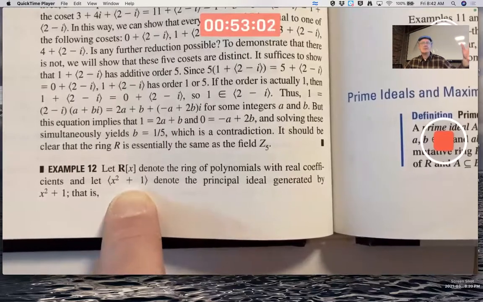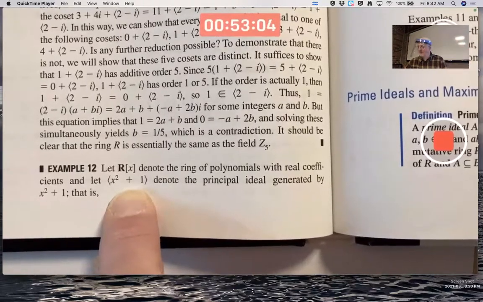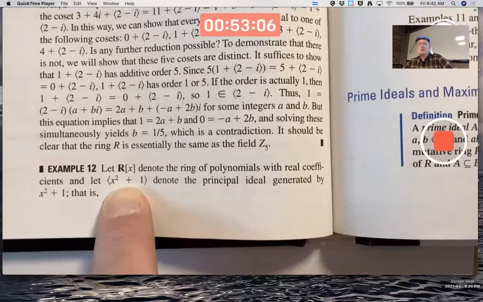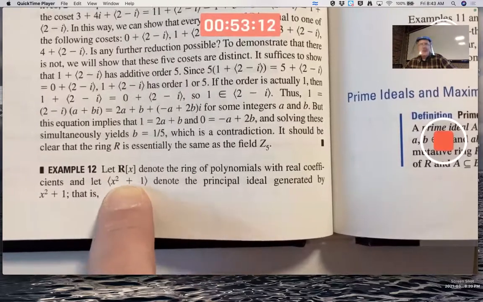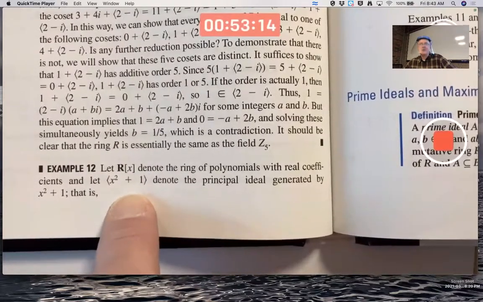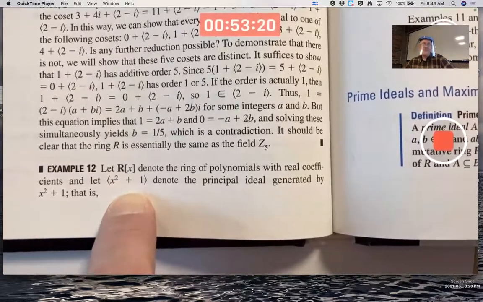Here they definitely would not be the same. If you were thinking of this as the cyclic subgroup generated by x squared plus 1, it would be all polynomials that you could form by adding this to itself any number of times, or 0 times, or adding its additive inverse to itself an arbitrary number of times.